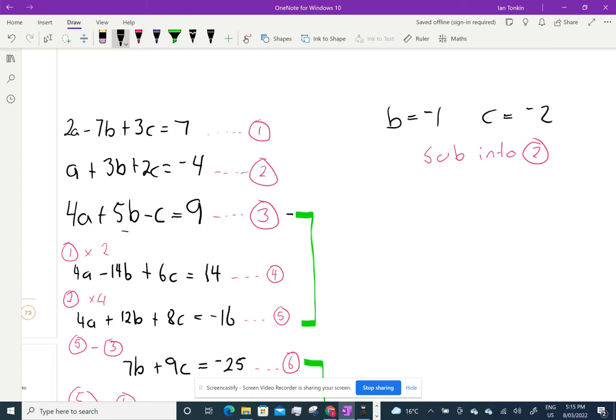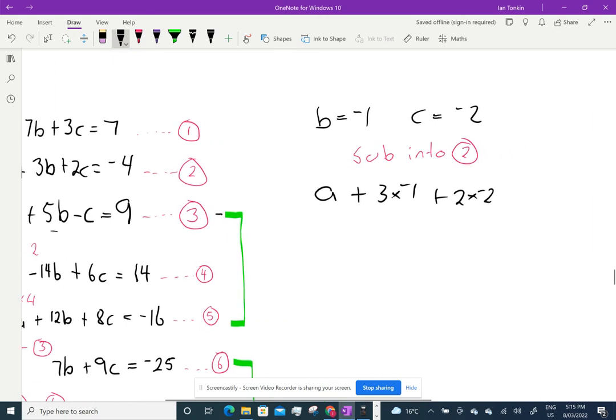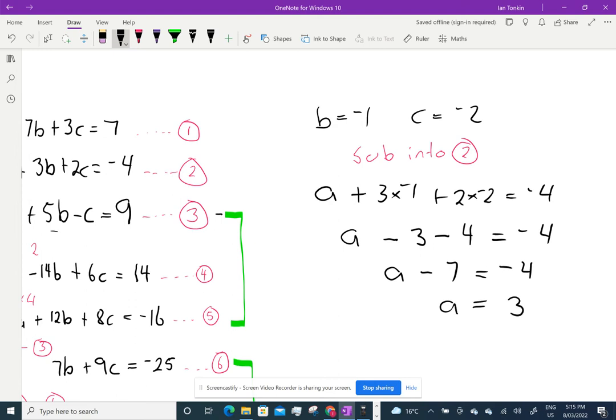And we get a plus 3 times negative 1 plus 2 times negative 2 equals negative 4. a minus 3 minus 4 equals negative 4. a minus 7 equals negative 4. Add the 7. a equals 3.